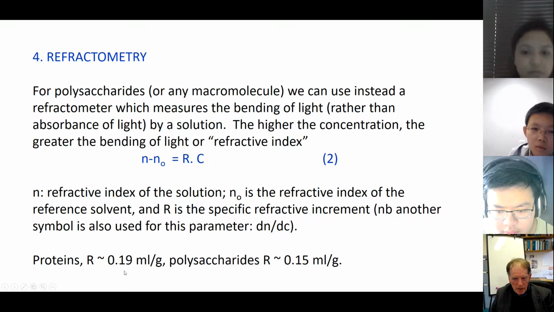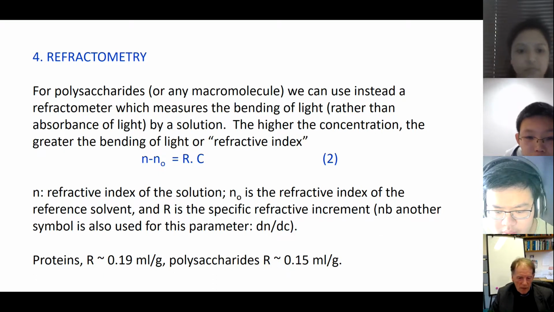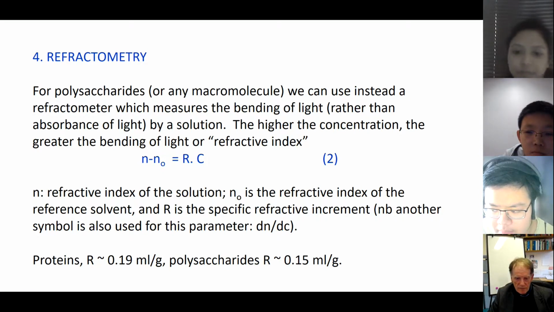So proteins are this, polysaccharides are this. So what range of values do you think glycoproteins would have? The value will be between these two values. Exactly. So it depends on the degree of glycosylation of the molecule. The more glycosylated it is, the more like a polysaccharide.